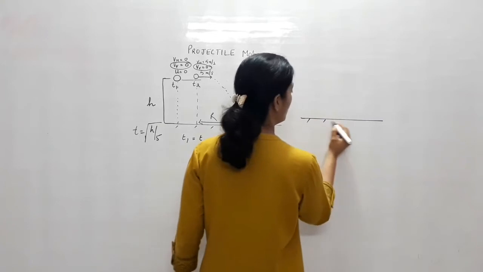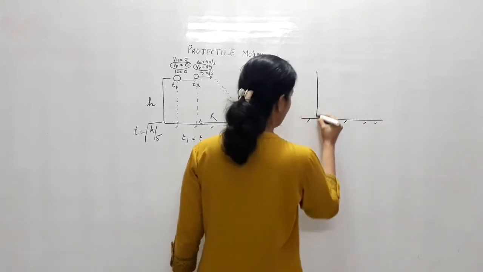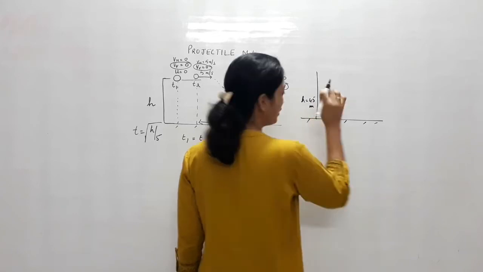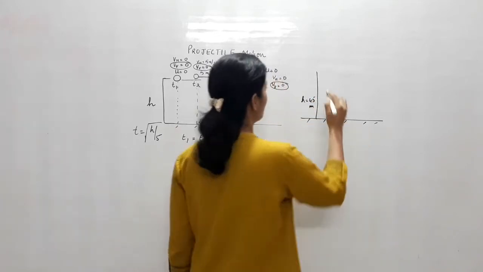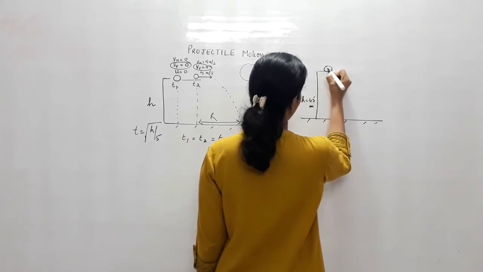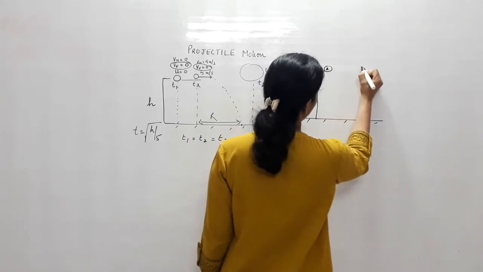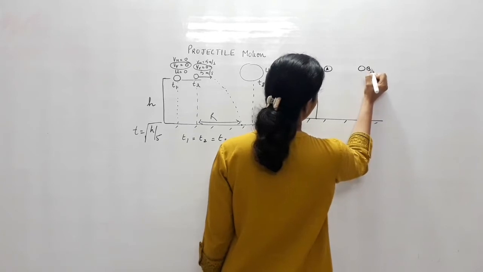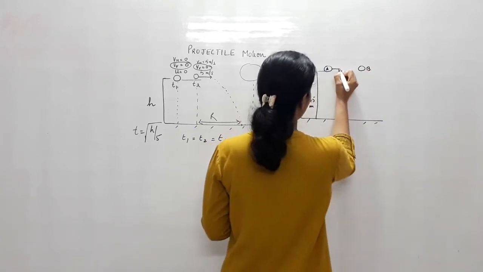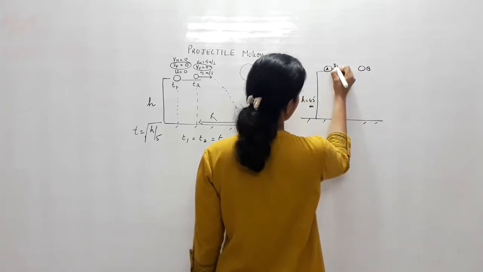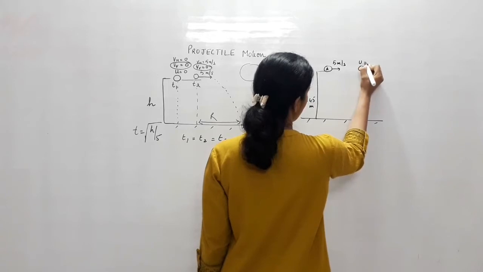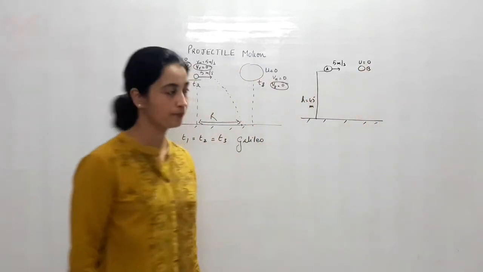Suppose I am having a horizontal surface and this is a tower of height say 45 meters. I am purposely choosing some figure so that it simplifies the calculation. Now I have got two balls. This is ball A and ball B. This ball A is given some velocity, say 5 meters per second, and this second ball B is dropped.